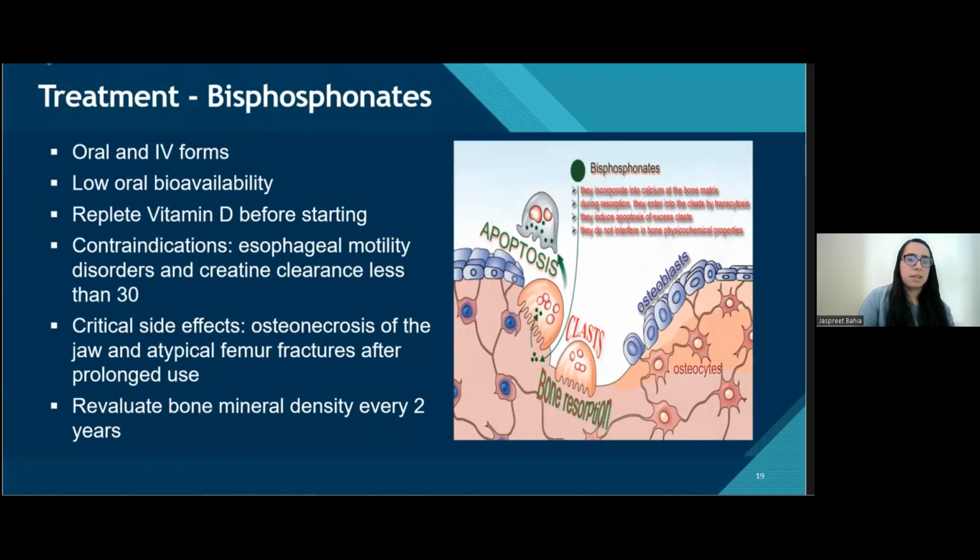And if they have been compliant, you want to think about referring to endo for a different therapy because they're likely failing the bisphosphonate therapy. And a fun fact I learned is that bisphosphonates can actually help with pain after a fracture. So they're not only therapeutic after sustaining a fracture, they can also help with pain, which I thought was kind of cool.